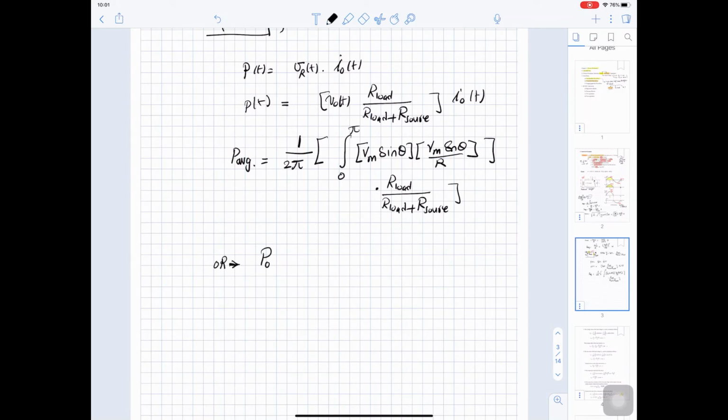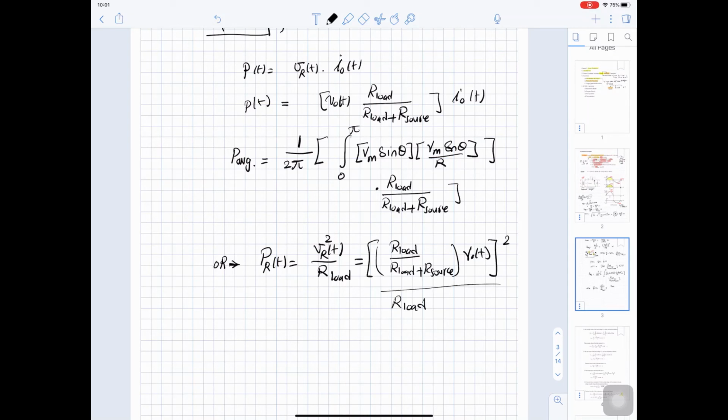Or someone will say P R of T will be V out of T squared divided by R load, and V R of T is R load divided by R load plus R source, multiplied by V out of T, this is a voltage divider, squared divided by R load.